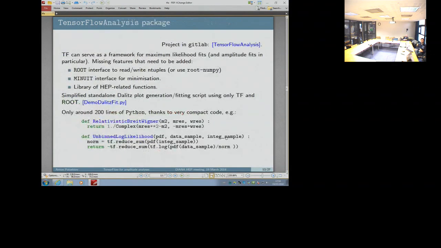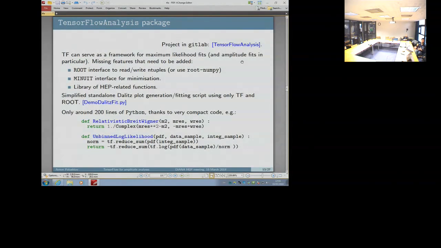Right. So finally, we have a package called TensorFlow Analysis, and you will see the link to the GitLab here in this slide. So basically, what we want to do for amplitude analysis is have a ROOT interface to read and write our ntuples with the data.